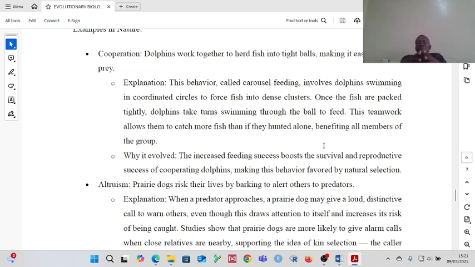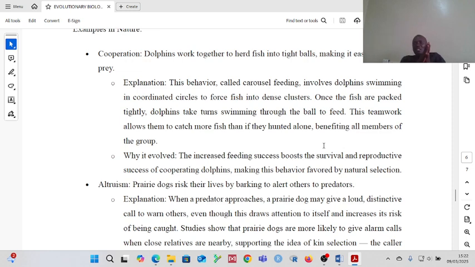So when the dolphins involved in this type of carousel feeding have a higher access to food, that increased access will boost their survival. The higher their survival, the higher the chance that they will attain reproductive maturity. Upon attaining reproductive maturity, they will have an increased reproduction success.